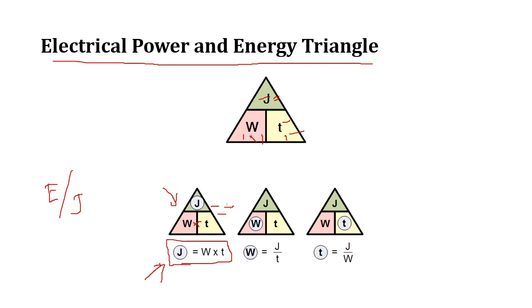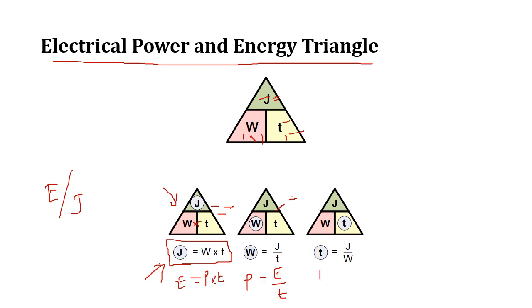In the same way, to find out the power W, there is a division in between J and T. So J will be divided by time. The energy will be divided by time. So to find out the power, P will be equal to the electrical energy, normally I write E upon T. To find out E, it will be equal to power into time.